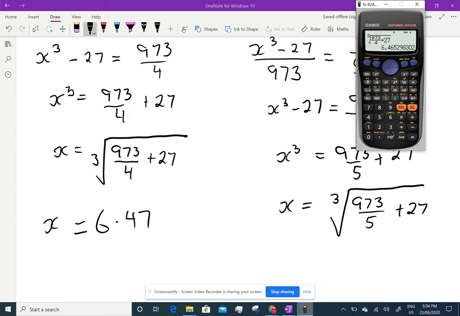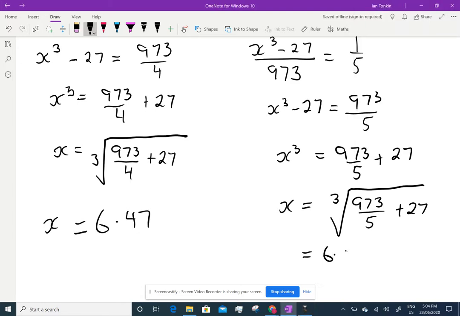Calculator work again. Oh, I just need to change that 4 to a 5. 6.05, which is correct. And I've approximated these, I've rounded.